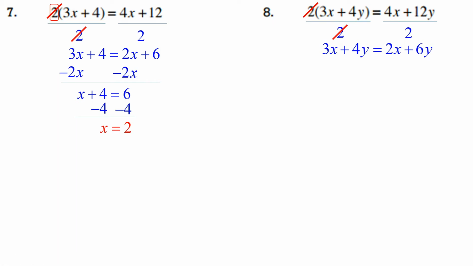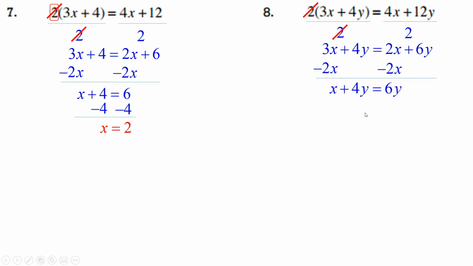Now, well, we're solving for x, so we have to get our x's on the same side. We have 3 x's on the left, we have 2 x's on the right, so let's subtract those 2 x's from both sides of the equation. So 3x minus 2x is x plus 4y, and then 2x minus 2x is gone, but this time I'm left with not 6, but 6 y's.